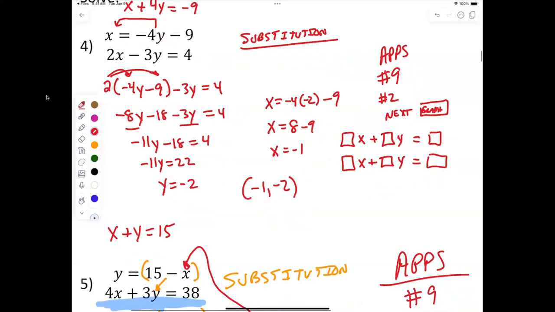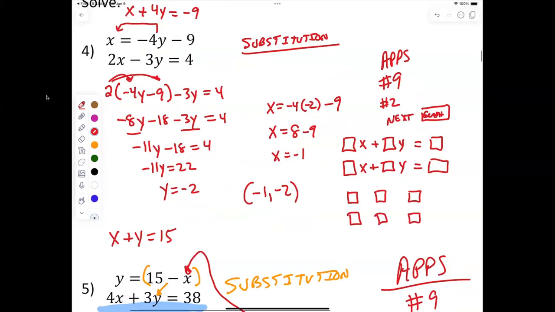Now, for other guys, your calculator is just wanting you to put in the number here, and then what it's equal to. The number, and what it's equal to. It's called a matrix. You learn about that in Algebra 2. But right now, you're just going to put in 1, 4, -9.